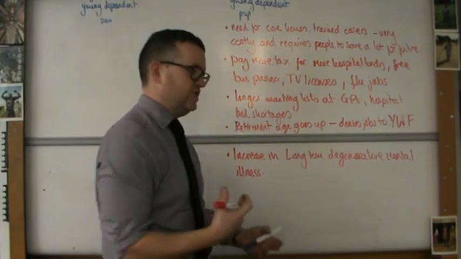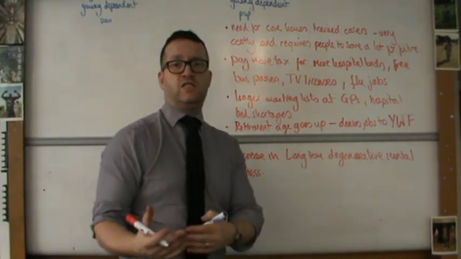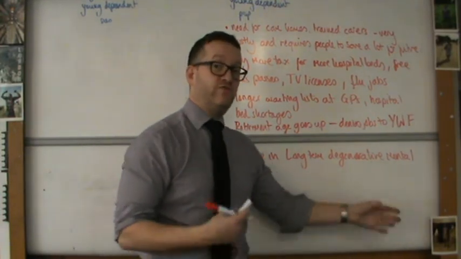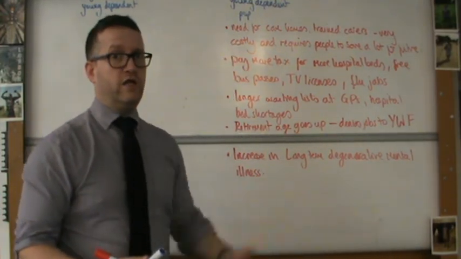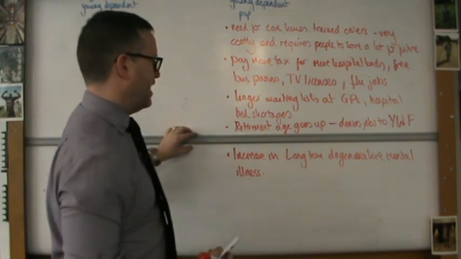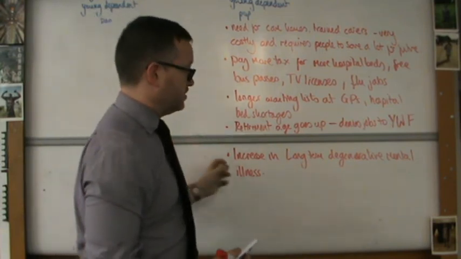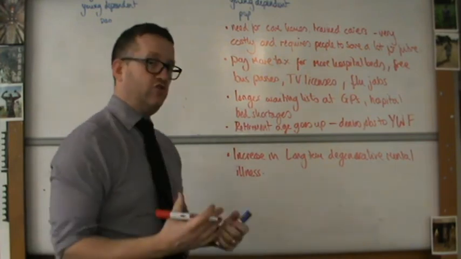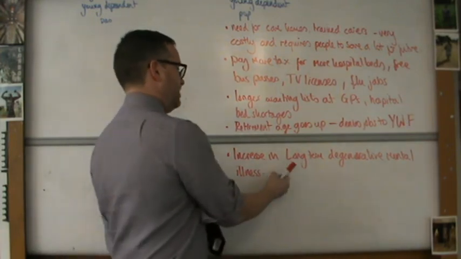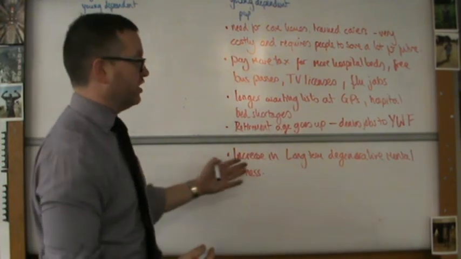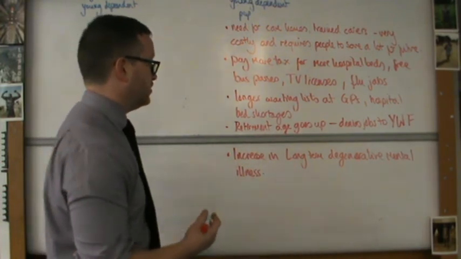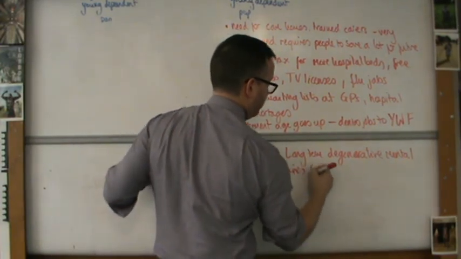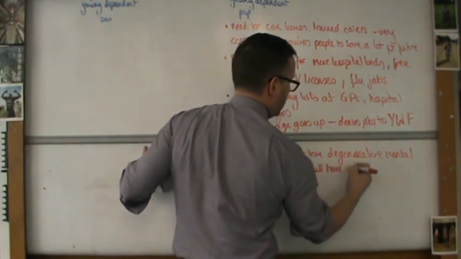There are some statistics that suggest that this is the third biggest killer of elderly people in Britain. Onset for Parkinson's gets tested from 50 years and over in this country now. And this is on the rise, and it's a very, very costly illness to deal with because you need full-time care. So this is a really serious point, and it stands on its own. There's an increase in long-term degenerative mental illness, and it requires full-time care.